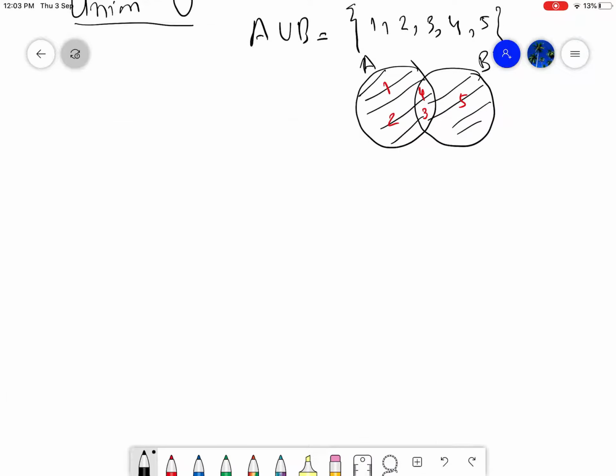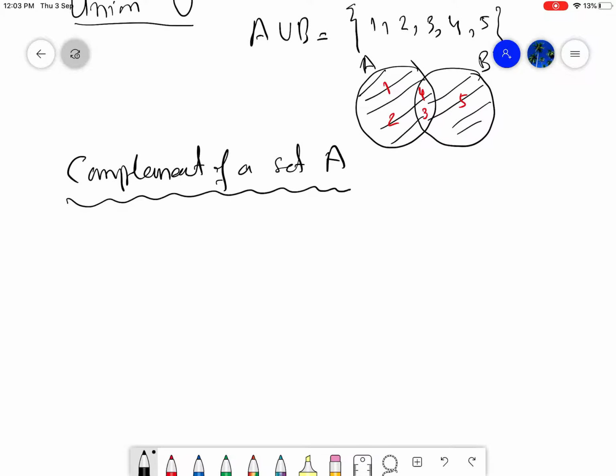All right. Another important operation is known as complement. Complement of a set A, for example, is represented by A prime, A dash.